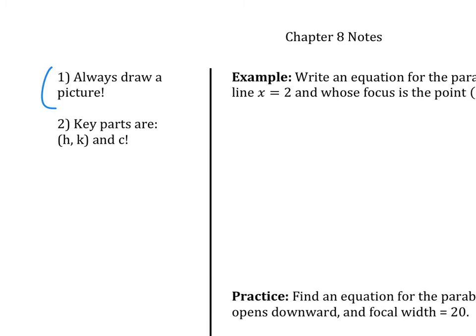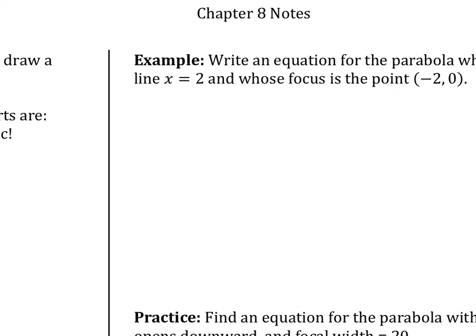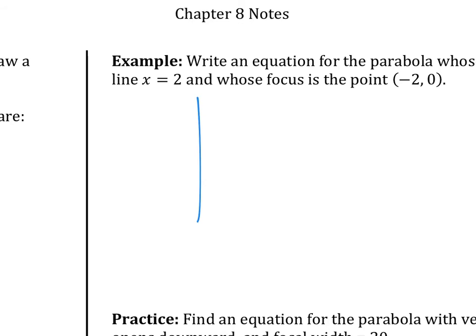The picture is going to help you a lot to at least figure out how it should look. Key parts to a parabola are h, k, and p. All right, so let's go ahead and draw a sketch. x equals 2, that's this line, and I'm going to label it D for directrix. Focus is at (-2, 0). That's here, so label it F.